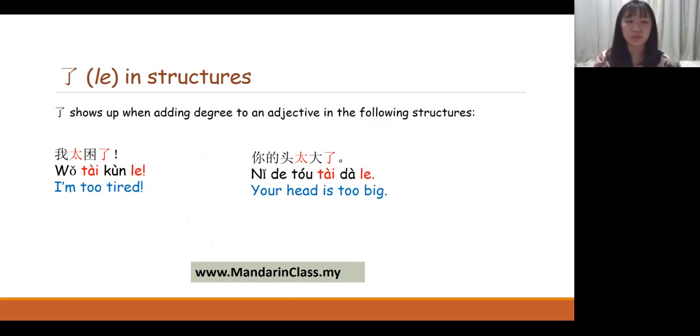So the structure is subject, adverb 太, adjective, and then le. The first example is 我太困了. I am too tired. 太 means too. Number 2, 你的头太大了. 你的 means yours. Your head is too big. After the adjective, we put le behind.